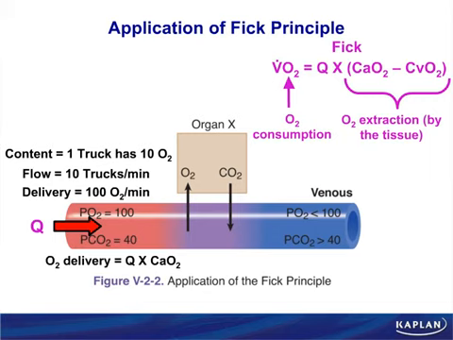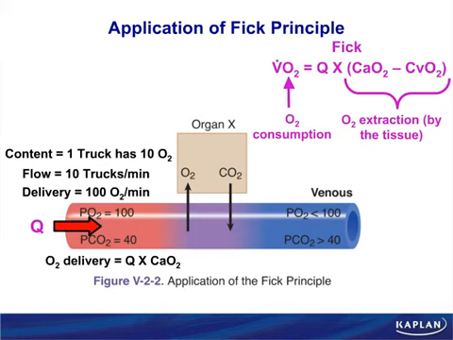Again, oxygen delivery is flow times content. It's the amount of oxygen I have in the blood times the volume of blood arriving to the capillary per unit time, flow. That is delivery. And if you have to stop the video as we go through each of these stages to make sure you understand, please do so. This is a very, very powerful thing to work with, the Fick equation.